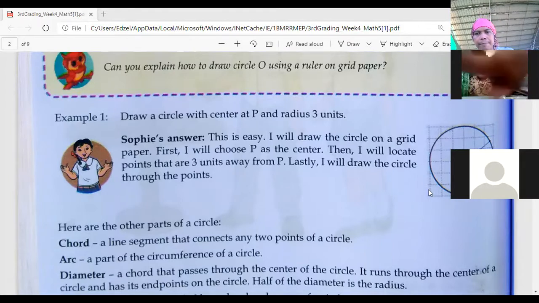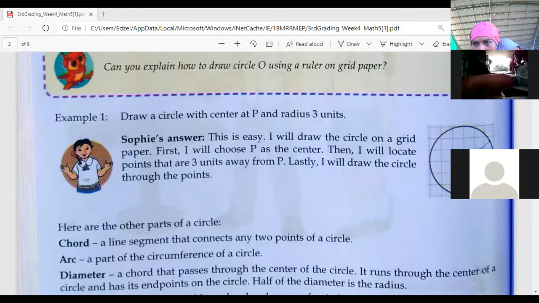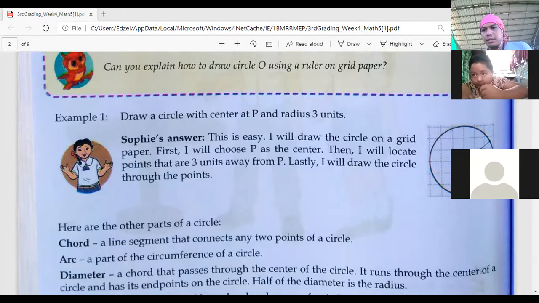Okay. So, example number 1, draw a circle with center P and radius of 3 units, meaning its measurement is 3 units. The measurement from the center going to the edge is 3 units, or 3 centimeters, or 3 millimeters, or 3 meters, 3 kilometers.